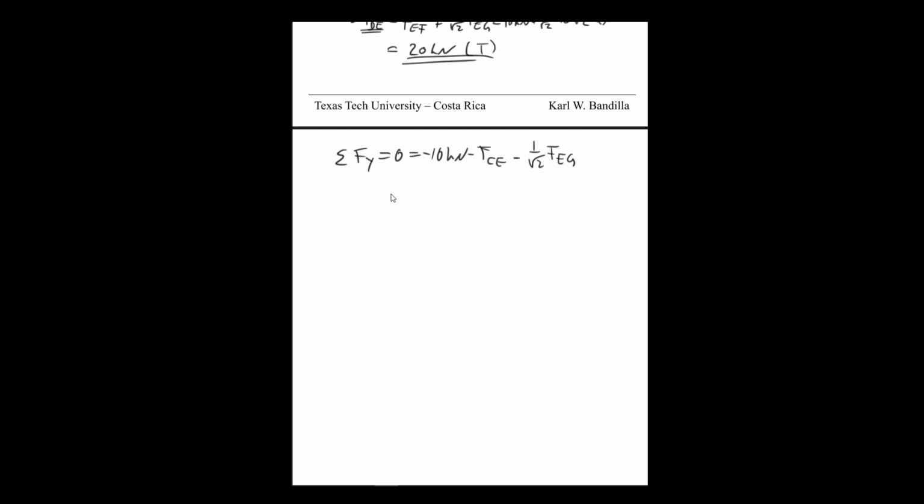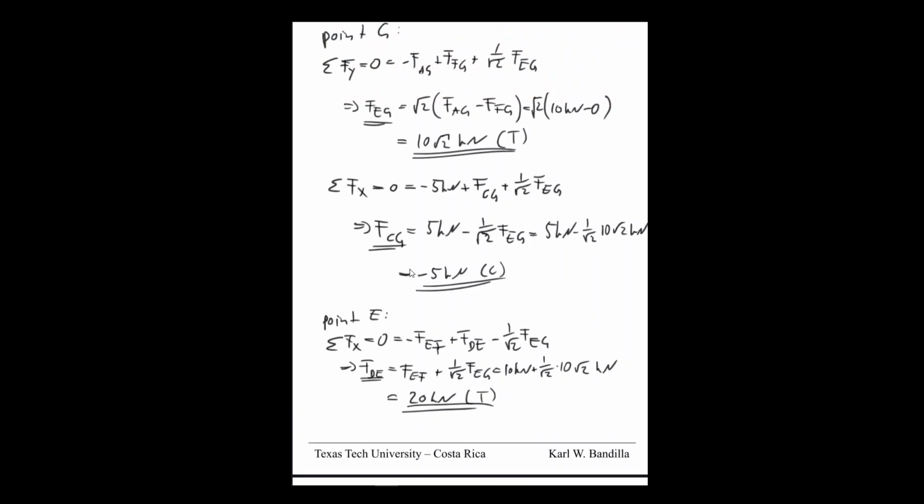Looking for FCE, so that means FCE. That was negative, so all the signs stay the same. So it'll be minus 10 kilonewton minus 1 over square root of 2 FEG, 10 times square root of 2.